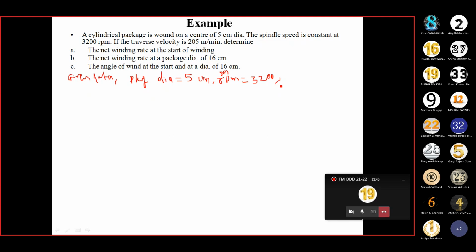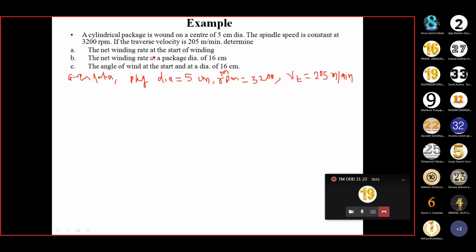And what they have given: if the traverse velocity is 205 meters per minute, it means they have given Vt, traverse velocity, 205 meters per minute. So traverse velocity is 205 meters per minute.